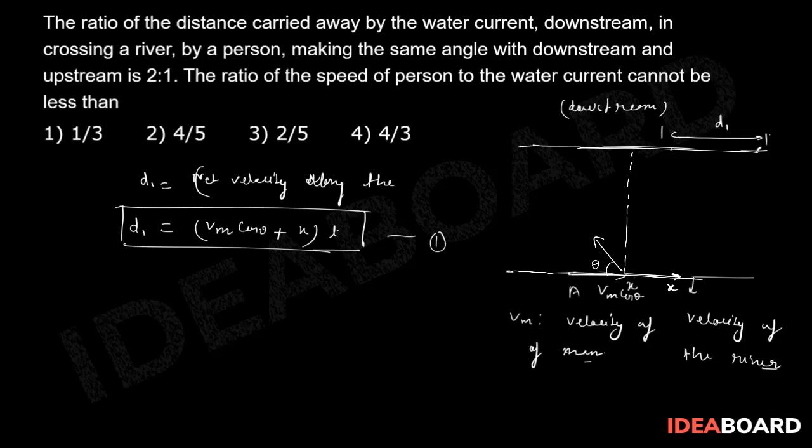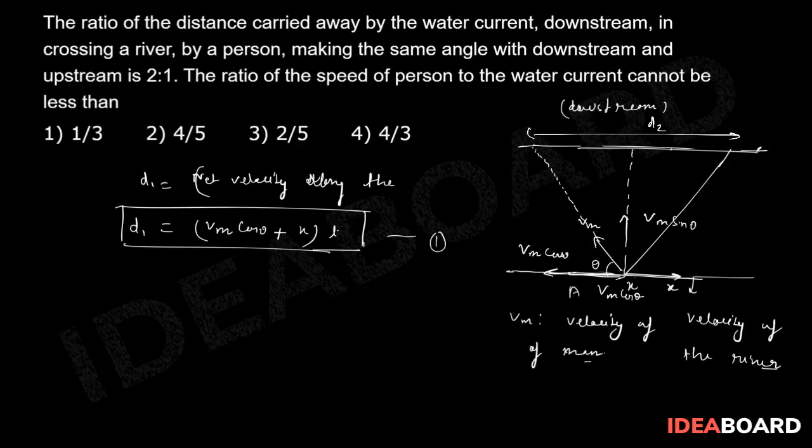So clearly this time the component will be Vm sin theta, and this will be Vm cos theta again. Here, if there was no reverse velocity, man should reach this point. But man is coming to this point, and the carried distance is d2 this time.